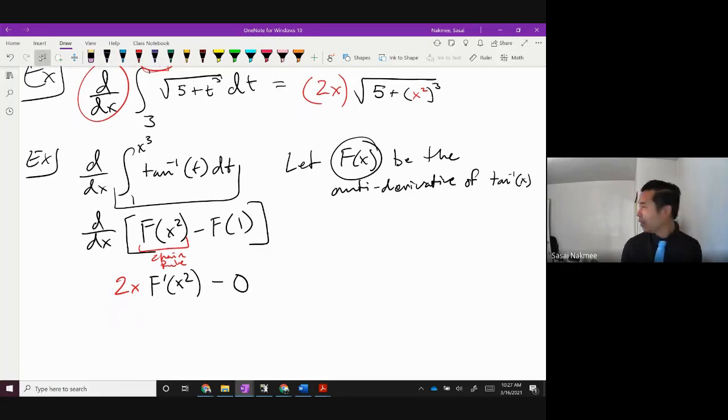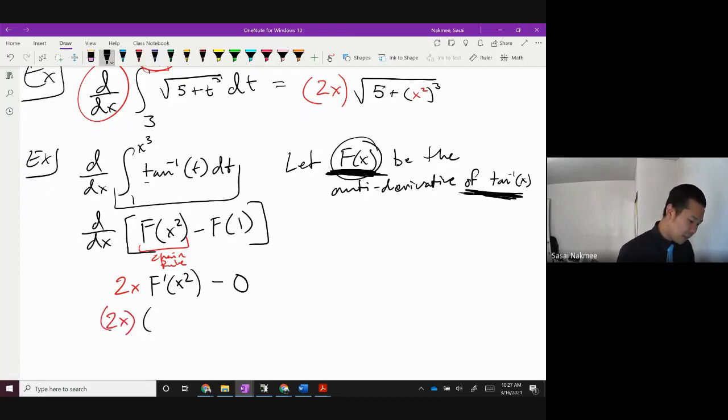If capital F is the antiderivative, capital F prime is the derivative of that. Well, what's the derivative of this? The derivative of this is just inverse tangent. So I can rewrite this. This is going to be equal to 2x times the inverse tangent of what's inside there? X squared. And that's it.